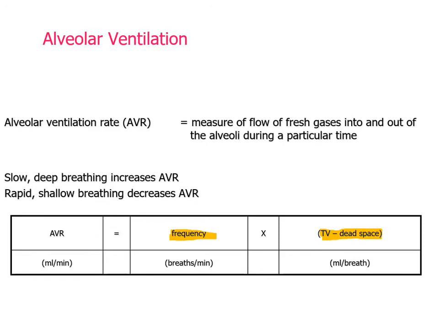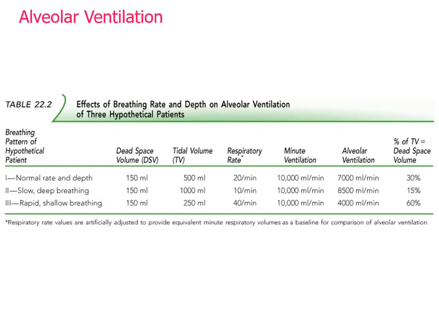So on average it would be about 350, and a normal person, I think it's 12 per minute. Is it 12? 20 per minute. No, yeah, 20 per minute normal respiratory rate, tidal volume, dead space. That means that the minute ventilation, the amount of air moving in and out of the lungs, in and out of the person's mouth, is about 10 liters per minute.